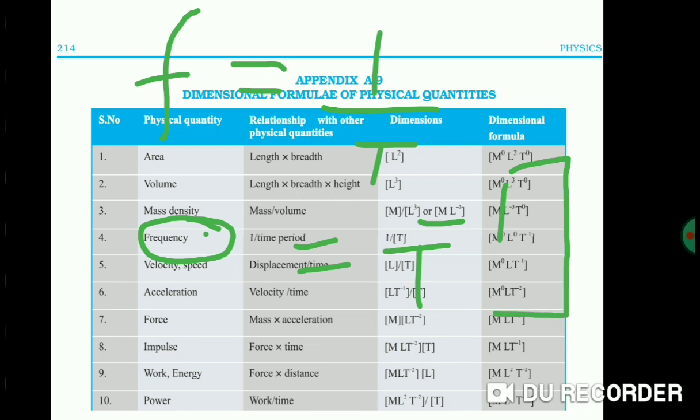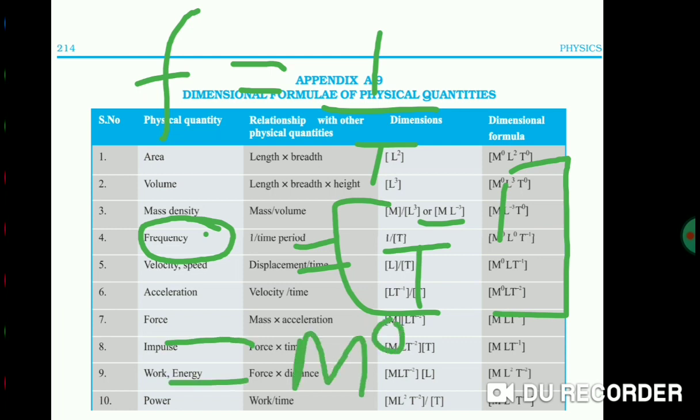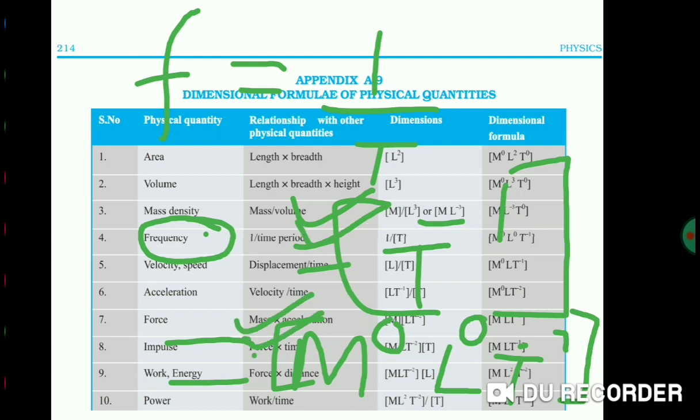So the dimensional formula of frequency is T minus 1. What about the other dimensions? You can express it as mass raised to power 0, L raised to power 0, and T minus 1. You can express the dimensional formula in either form. Is it clear?